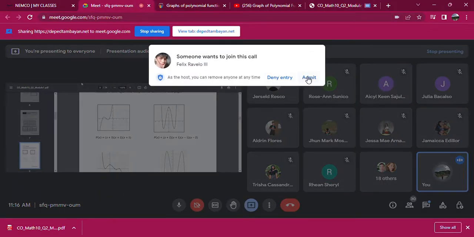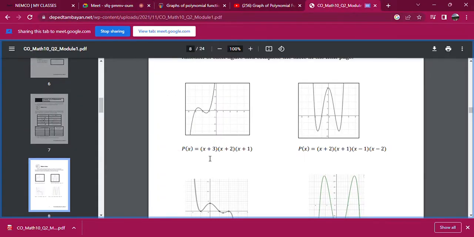As you can see here, we have p of x is equal to x plus 3 times x plus 2 times x plus 1, which means this is a cubic function because it has a degree, but it is written in factored form. So our cubic function is factored out, that is why it looks like this.